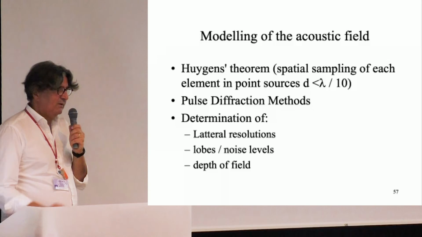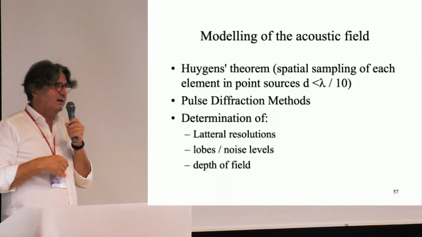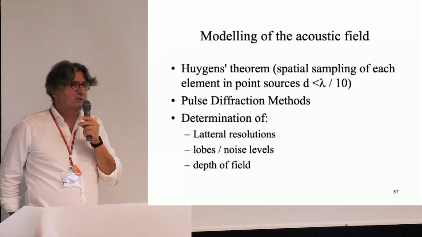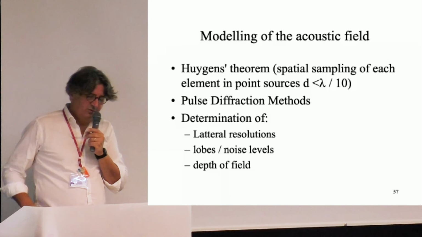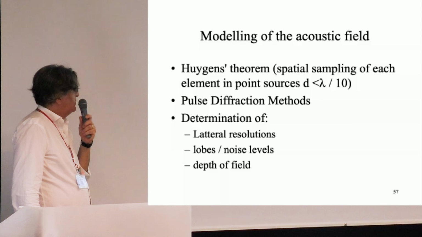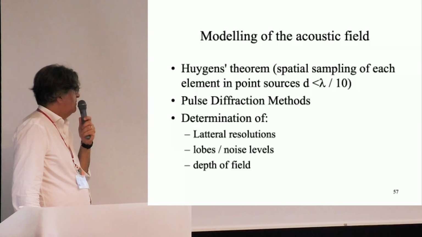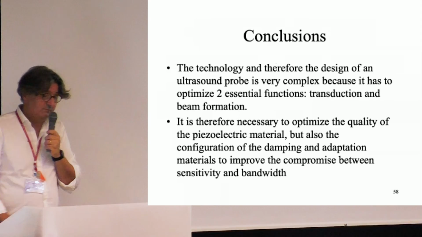Just to remind you, Huygens' theorem states that any source can be decomposed as a sum of circular waves. You can decompose a finite source as a sum of circular waves. To make this decomposition, you have to be careful to have at least 10 point sources per wavelength. And this will allow you to determine the lateral resolution, the lobe noise level, and the depth of field, of course, with new systems.